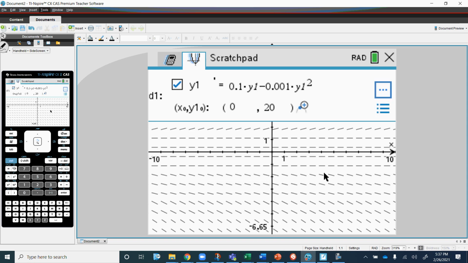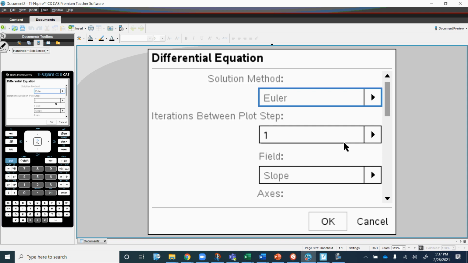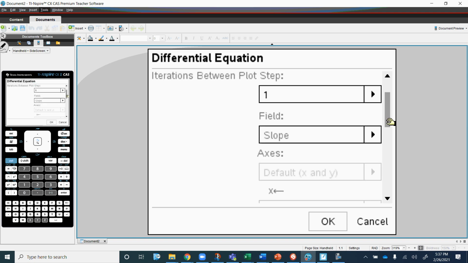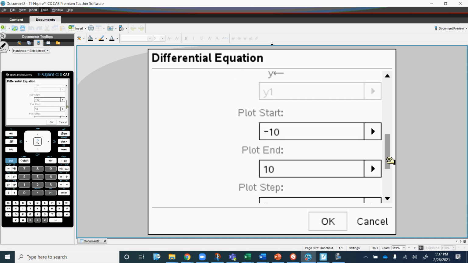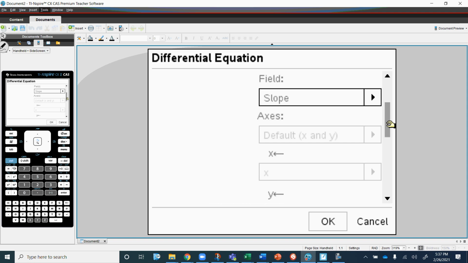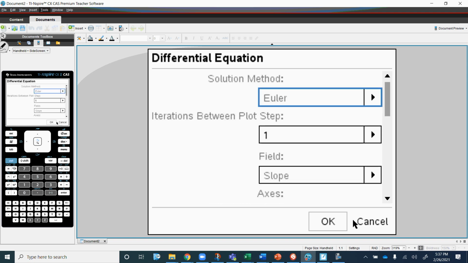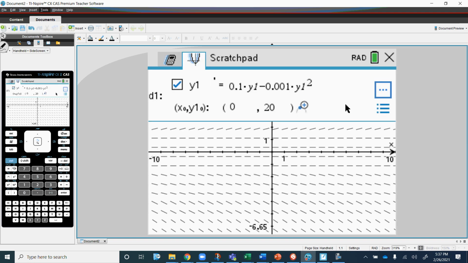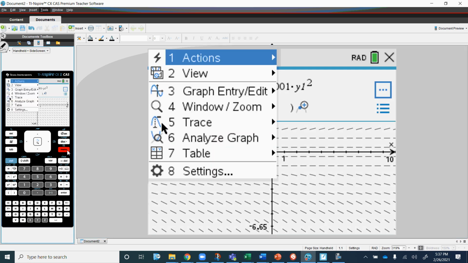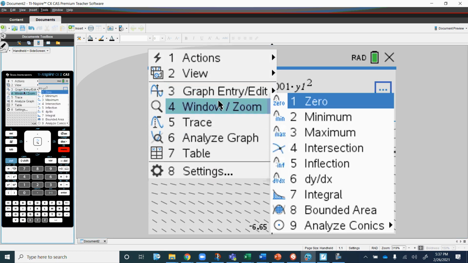And it's not giving us the solution curve for some reason. Oh, it's because the window settings aren't where I can see it. Let's try setting the window.